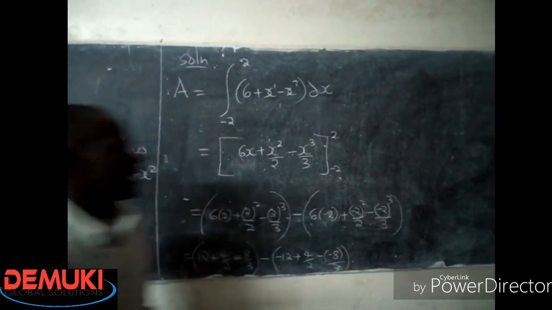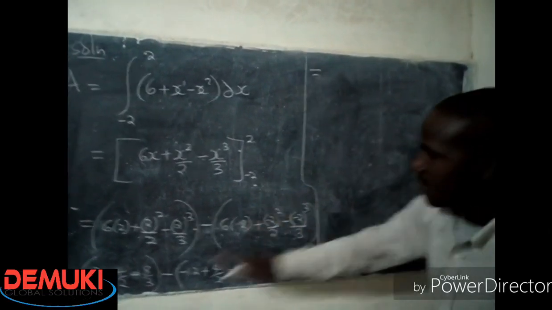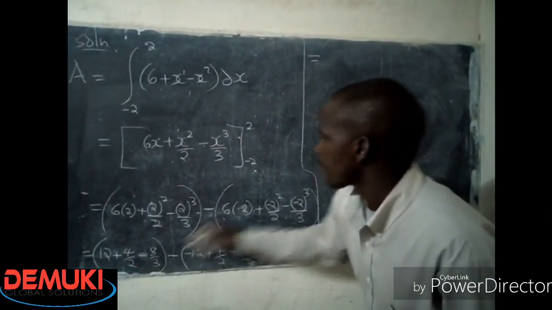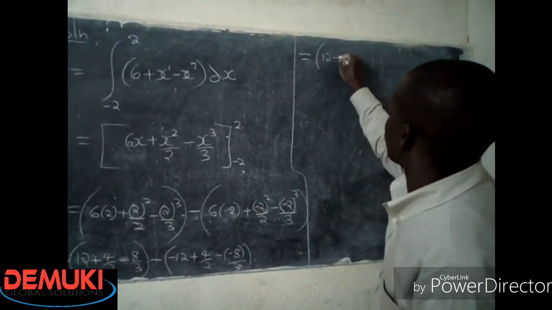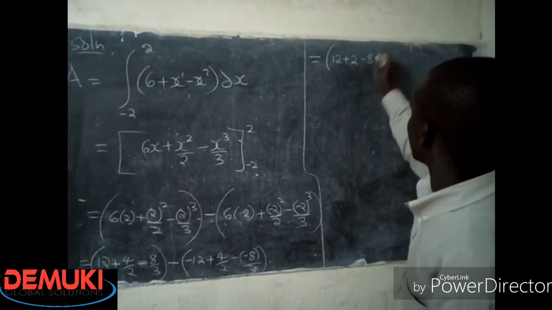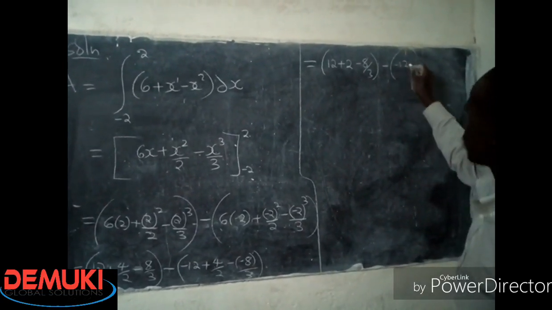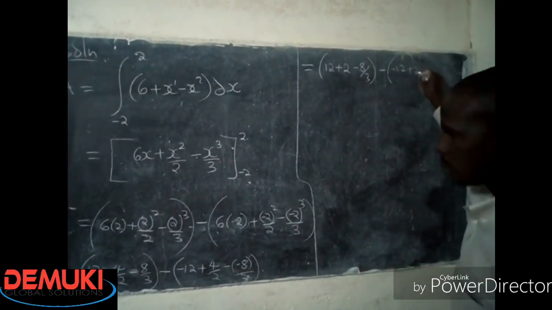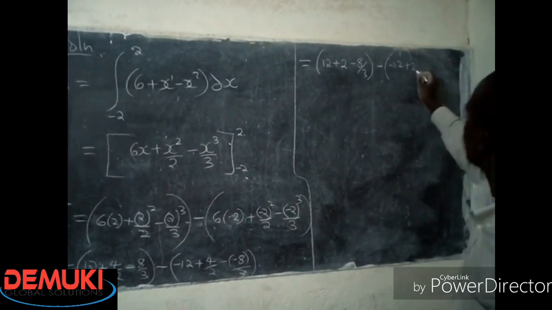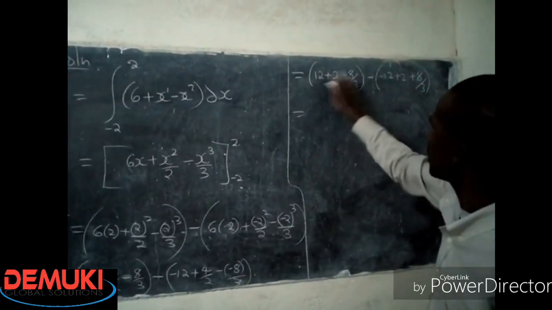So now we can get down to the answers. This shall be 12 plus 2 minus 8 over 3, then minus (-12 plus 2 plus 8 over 3). What does this give us?